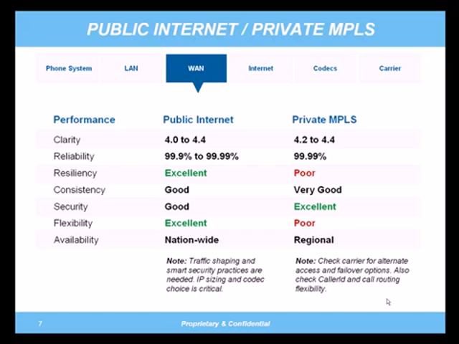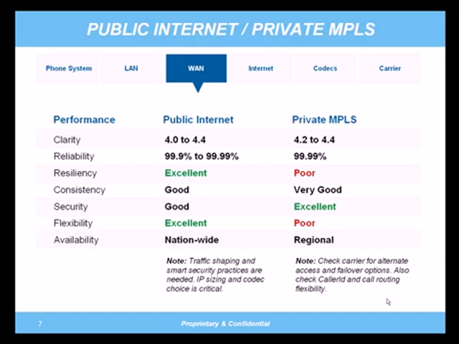So if the underlying bell carrier that owns that last mile loop comes in and shuts off the circuit by accident, which is quite common, you want to have the ability to automatically fail over to another circuit. Maybe that circuit isn't even from the same carrier, or ideally it's not from the same carrier. Usually a company that does private-based connectivity will not give you the option to do that. And that alone is a huge hit in the reliability meter.